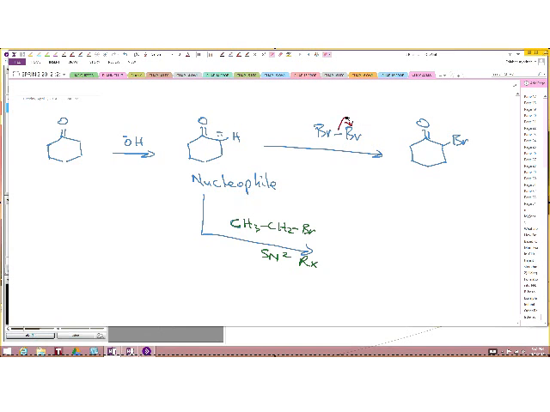So you see where we're going with this. Come here, attack this. And so what are we doing? We are now going to alkylate the alpha carbon.